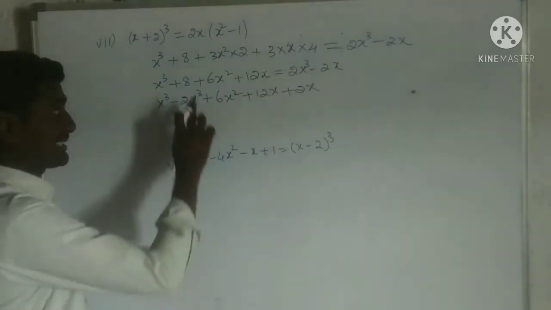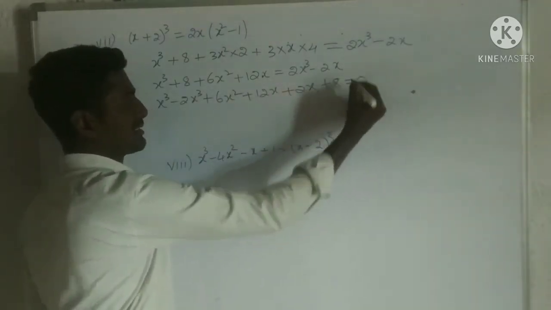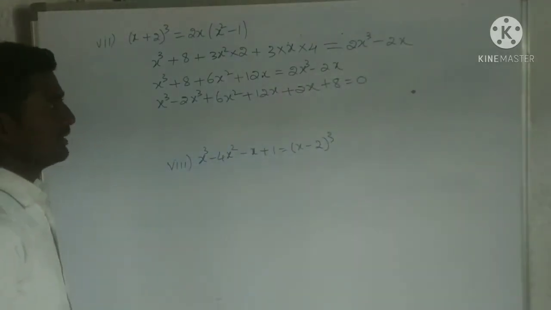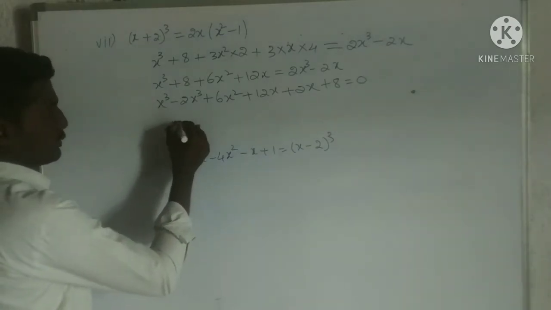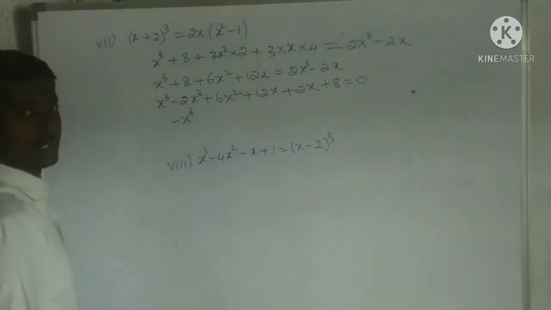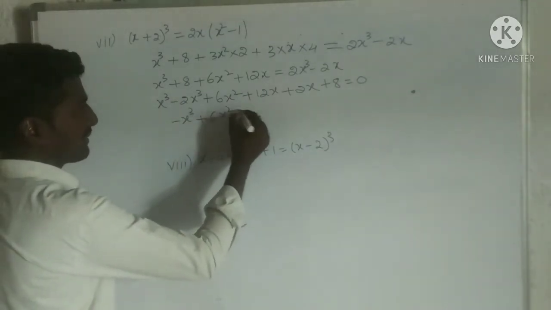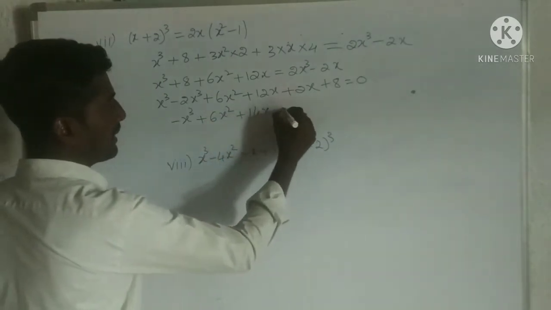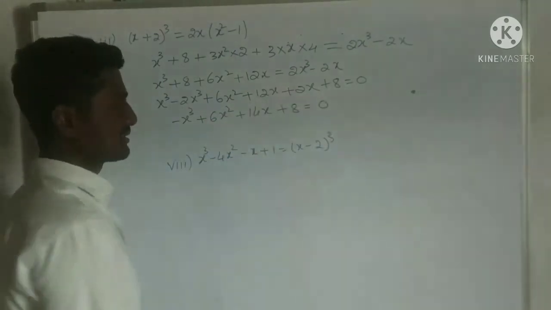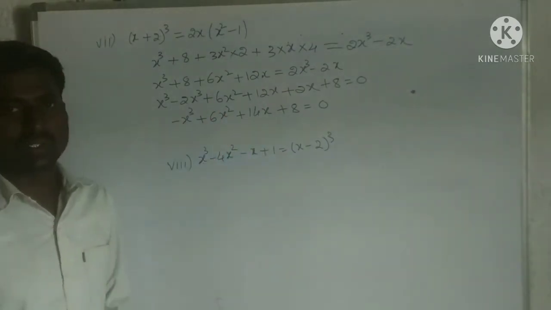Then one more constant is there, that is plus 8, is equal to 0. Now the last step: x cube minus 2x cube, that is minus x cube, plus 6x square, then plus 14x plus 8 is equal to 0. Now is it a quadratic equation or not?